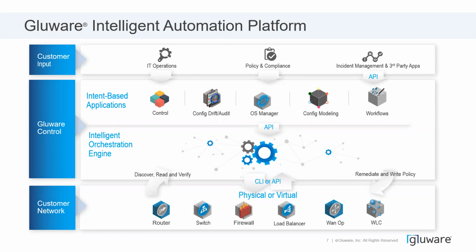Gluware can implement each step in the workflow and then automate that. So things that are highly repeatable, that require multiple steps, things that require third-party integrations, like maybe with an IPAM or with an ITSM like ServiceNow. Maybe there are workflows very specifically for troubleshooting. Really, whatever you require is very possible through the workflow capability. And as mentioned, Gluware is bring your own policy, bring your own configuration. We're very flexible to onboard what you need.